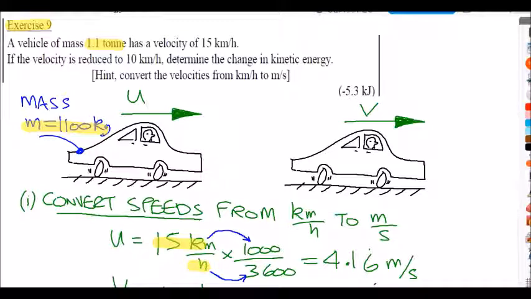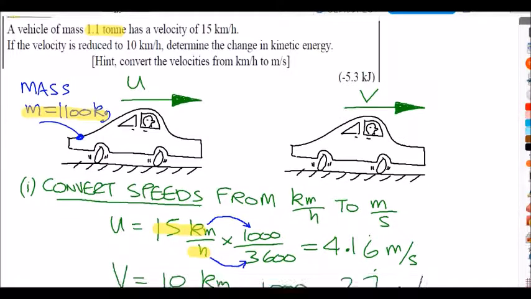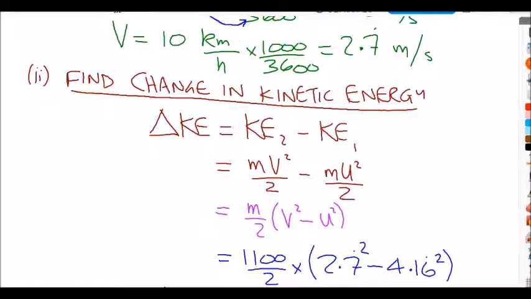And we do that for both initial and final velocities. That's my u and my v. The question then wants us to find the change in kinetic energy, because the change in kinetic energy is the final kinetic energy minus the initial kinetic energy. So using the symbols, that's mv squared upon 2 minus mu squared upon 2.